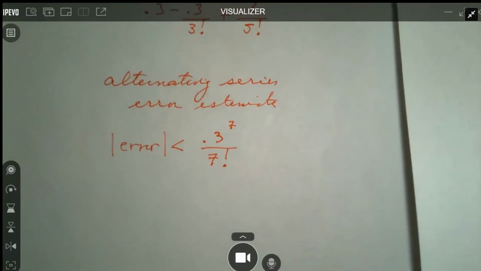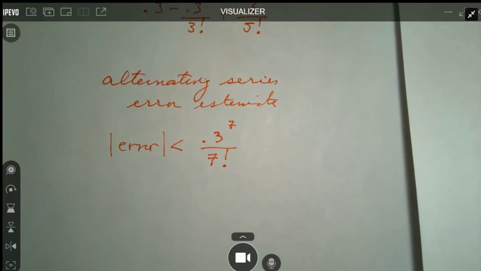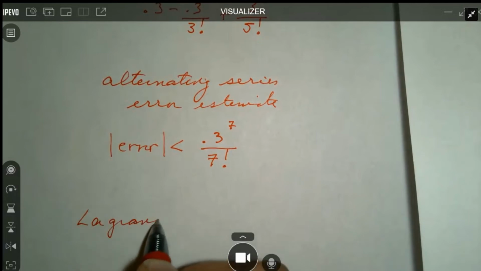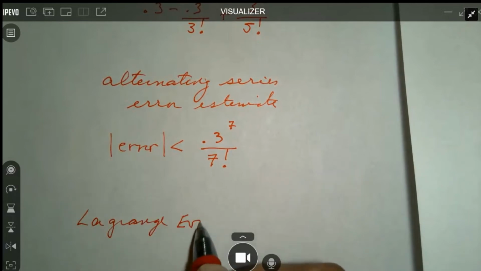So next thing to look at, which is more complicated, is the Lagrange error estimate.